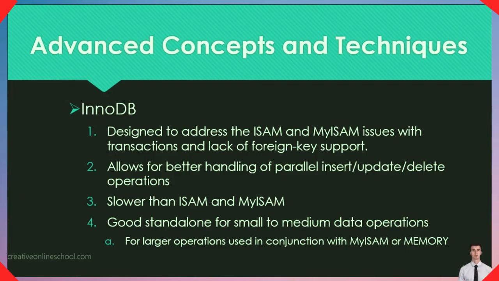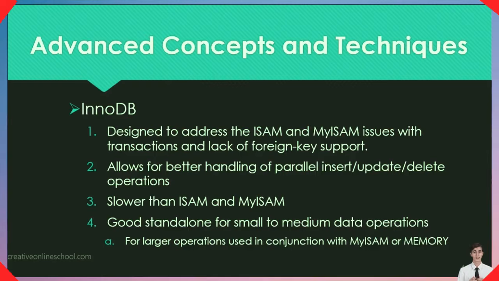However, it's slower than ISAM and MyISAM when it comes to doing select statements. As such, it can be very good for small to medium data operations, but if it's too large, it may need to be used in conjunction with MyISAM or memory, so that you can run the selects from there and then do the rest with InnoDB.